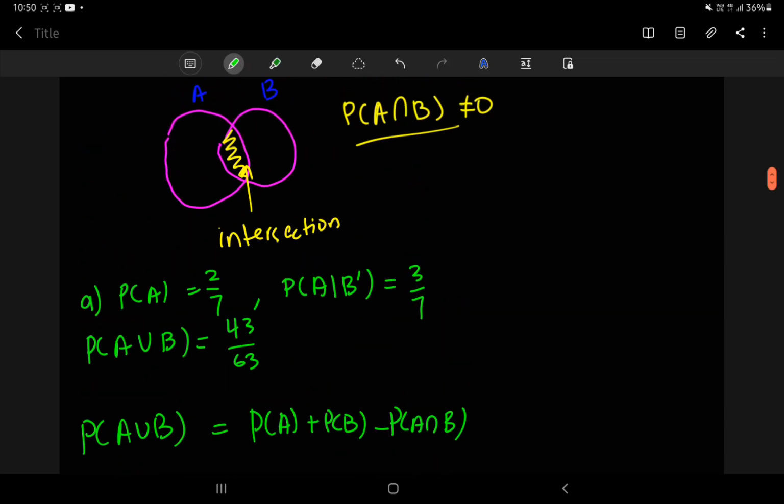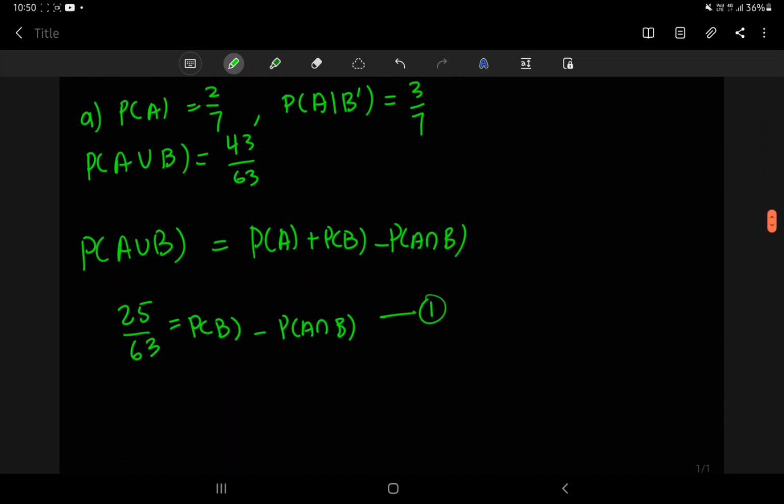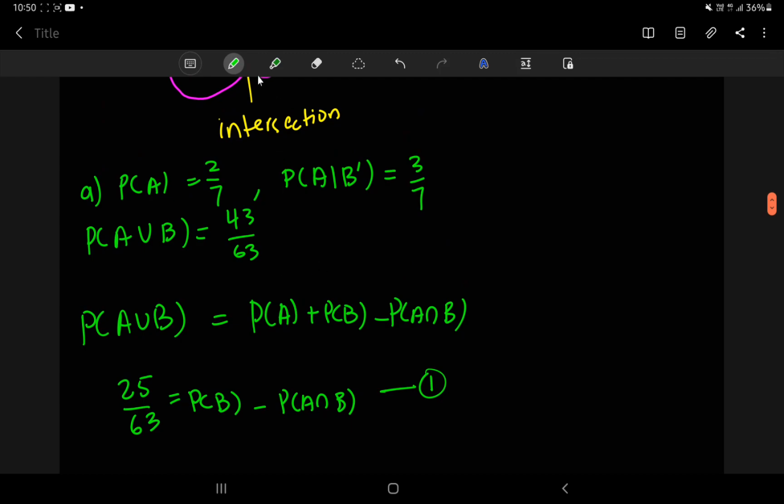Let's find equation number 2 from this expression. We know that the probability of A given B complement is, according to Bayes' theorem, equivalent to P of A intersection B complement divided by P of B complement.